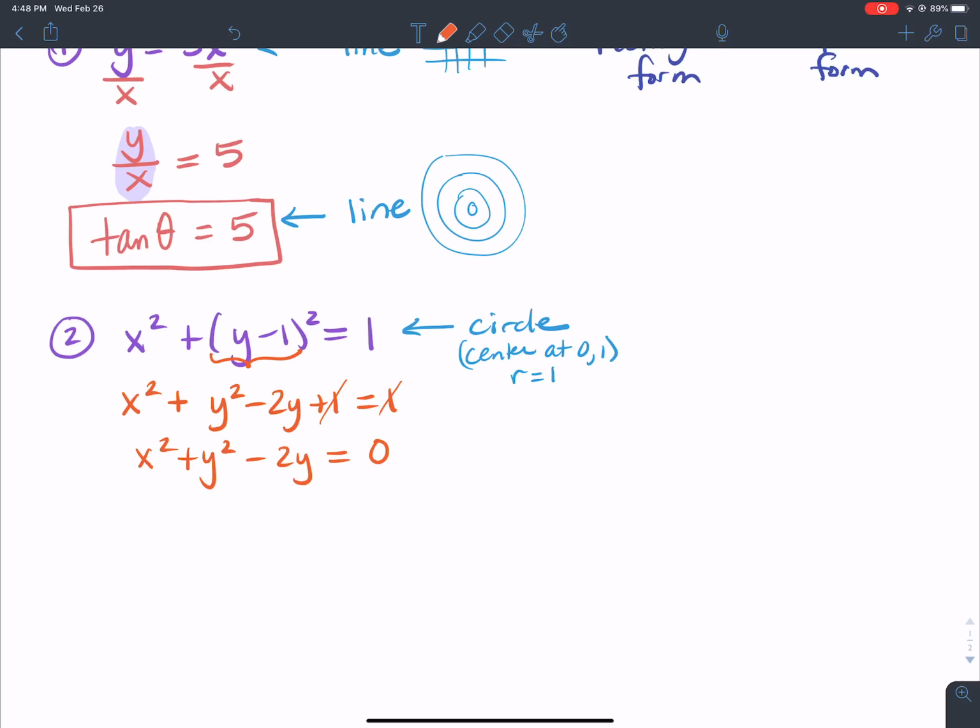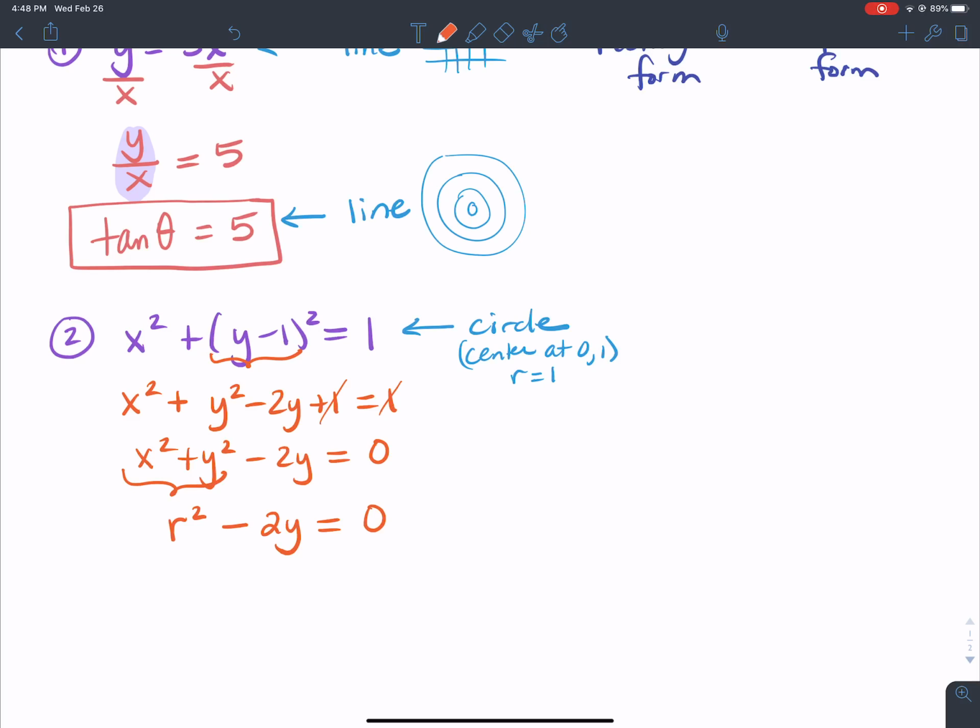Now, here comes the fun part. x squared plus y squared, we know, is equal to r squared. Now, here's where some of you, lovely students, mess up a little bit because you stop and you say, oh, I made a conversion, I'm done.